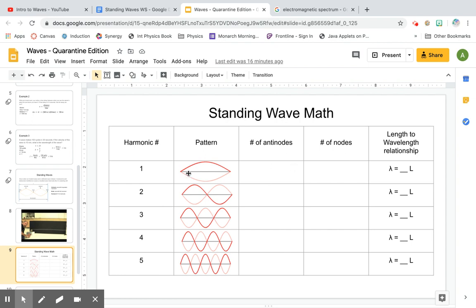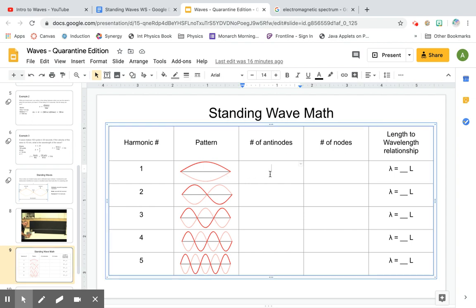So here's my first harmonic, or again, I call this the fundamental frequency. There is one antinode here, which you can see, remember, that's the area of the most movement. And there are 2 nodes here because we have a node at each end. Okay, everyone see that? Now next, second harmonic is going to have 2 antinodes, and we have 1, 2, 3 nodes, and so on and so forth.